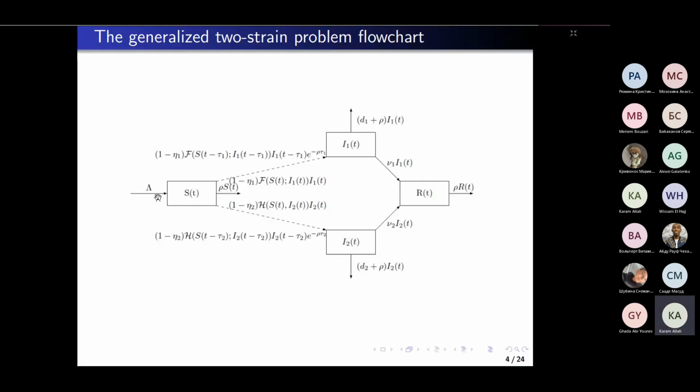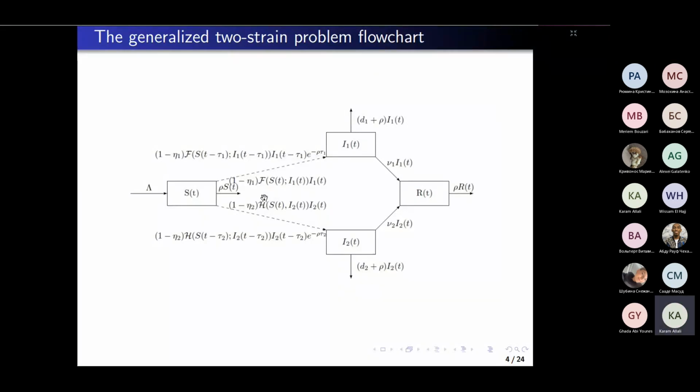Here S will be increased by the birth rate, and decreased by the natural mortality rate ρ, and here we have the infection. We have two general incidences of infection. If we have the first force of infection F, it will go to I1.